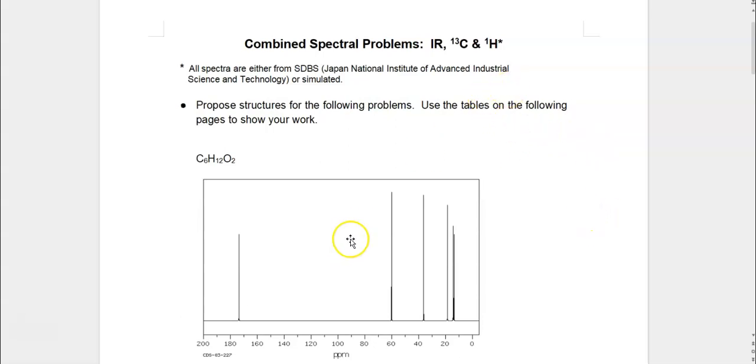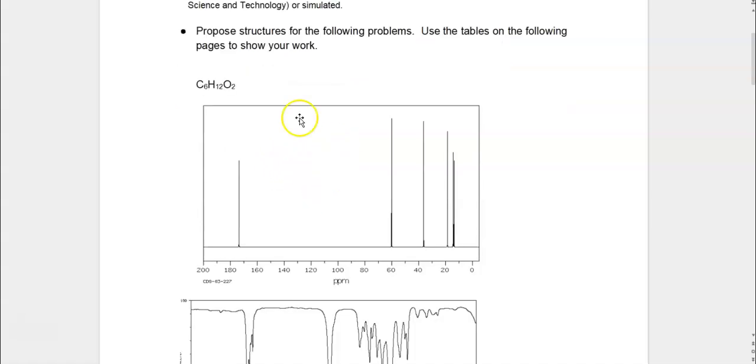When I was trying to figure out the structure of this particular compound, I saw a peak at around 174, which indicates that there is a carbonyl group, and a peak at around 60 ppm, which indicates that there is another carbon next to an oxygen atom, which indicates that there is a possible ester group involved.